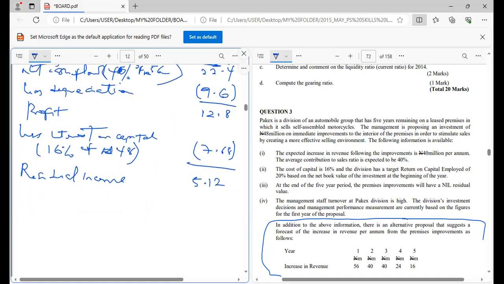That's our residual income, 5.12. And what about our return on capital employed?